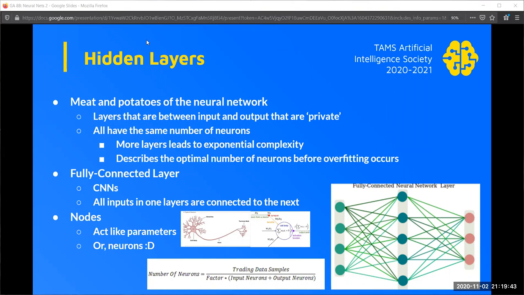Think of dendrites as connections to past nodes. Then your central body is what the node is doing. That's your cell body where you have your nucleus, all the thinking stuff. And then your axon is going to future ones.